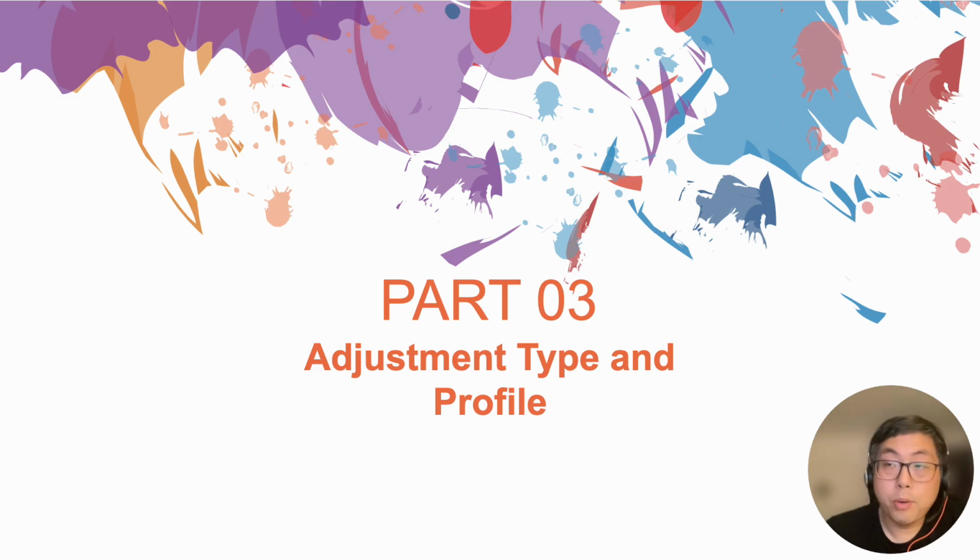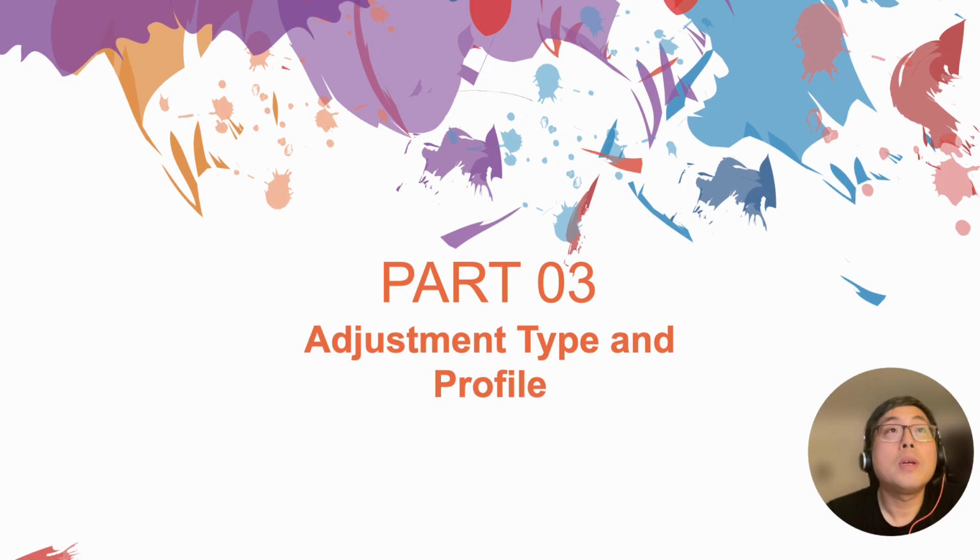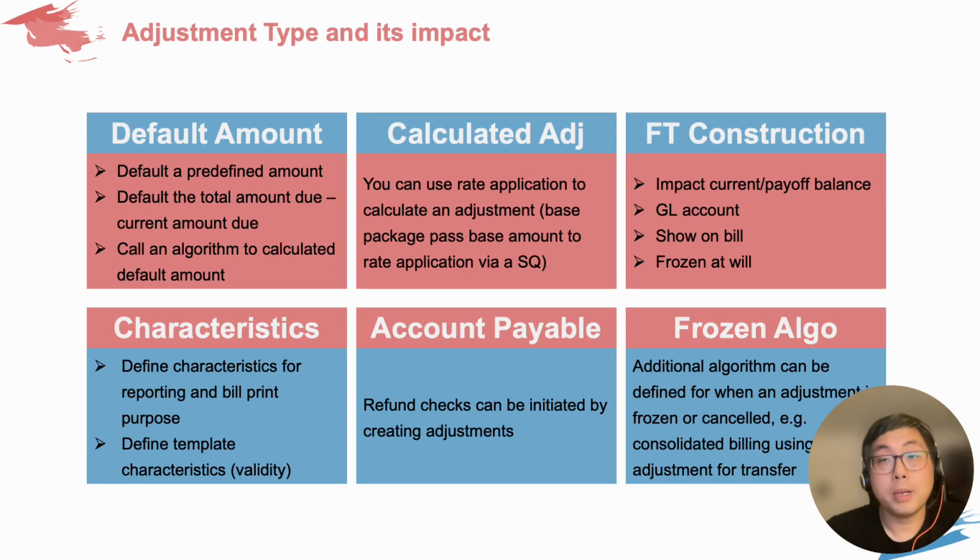Adjustment type and profile. Now we talk about adjustment type, just expanding a bit more on it. Default amount: you can default the adjustment amount by a predefined amount, or you can default the total amount due to the current amount due.